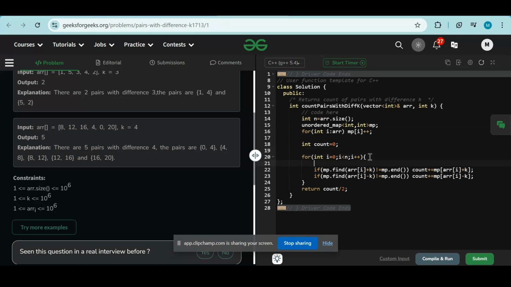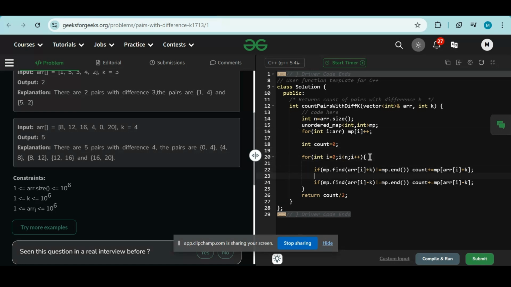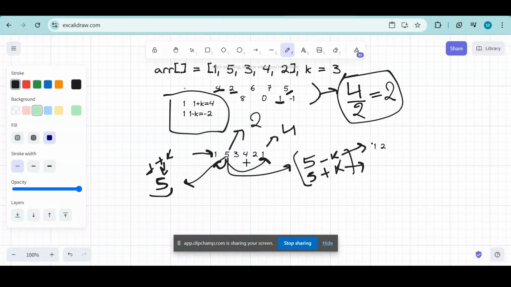We keep in mind that two numbers can be present at k distance from a given number, arr of i plus k and arr of i minus k, and we add the number of times each is present, because we already saw that 5 has two answers counted, 5 with this one and 5 with this number. So that's why we add to our answer.